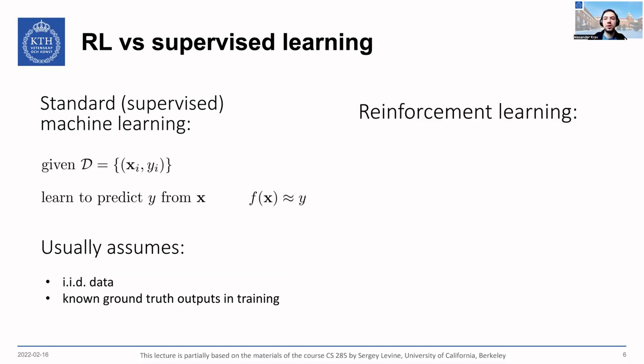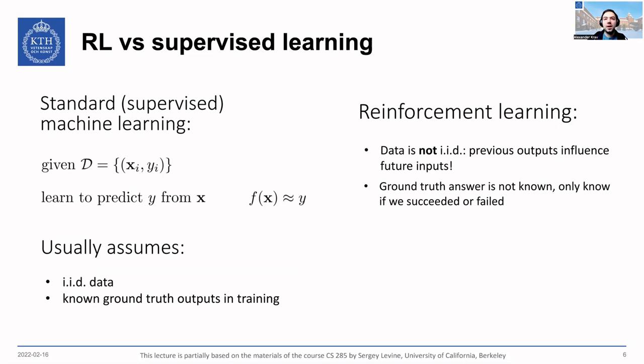So in short, in reinforcement learning, the data is not independently and identically distributed, because as we said before, whatever you do, it influences what you will be seeing in the future. And the ground truth is not known. In general, we do have some guidance, but in the form of whether we succeeded or whether we failed.